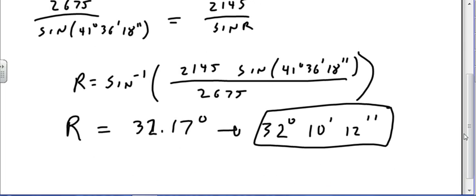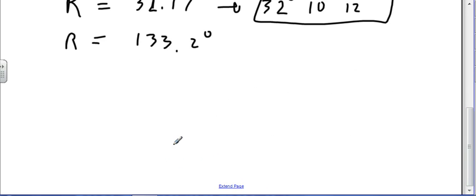32.17. Excellent. So I get my R is going to be 133.2 degrees, and that's probably close enough, so I'm going to use it.